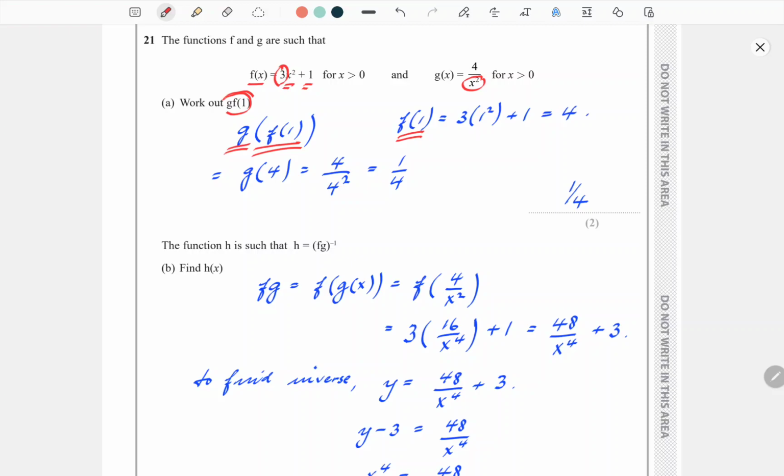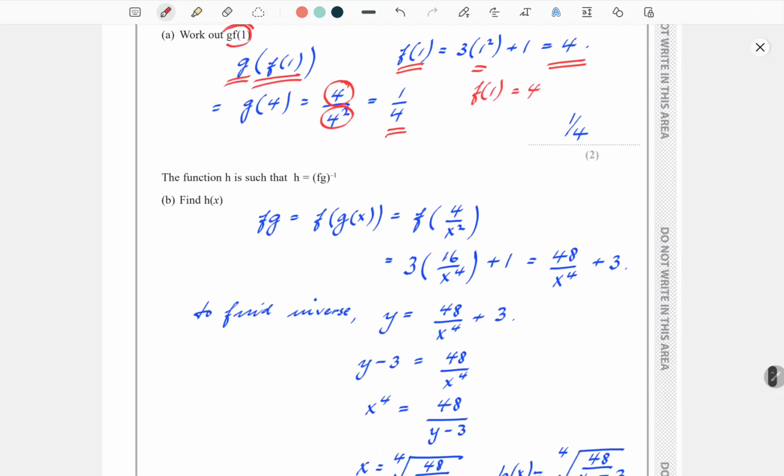So the first thing we're doing is working out f of 1. So 1 squared times 3 plus 1, 4. So f of 1 equals 4. We now take that and put it into g. G of 4 is 4 divided by the input squared, i.e. 4 squared. That's just 1/4. All right, so I think that's self-evident where that came from.